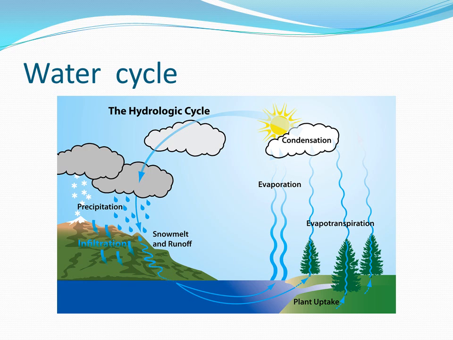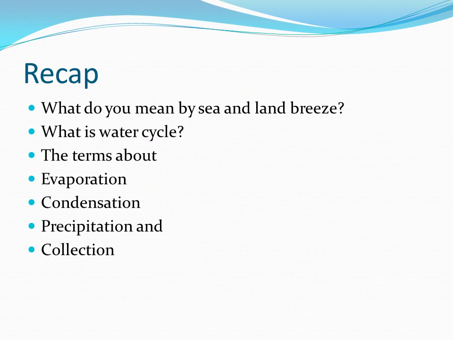Okay. So this is up to today's topic. Today, what are the things we have covered? What do we mean by the terms sea and land breeze? Let us take a quick recap. During the day, the land will be heated by the sunlight. Compared to the sea, the land will be heated more.